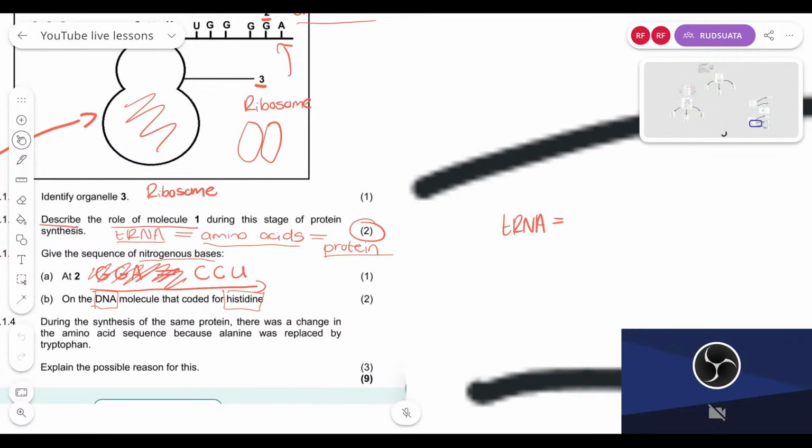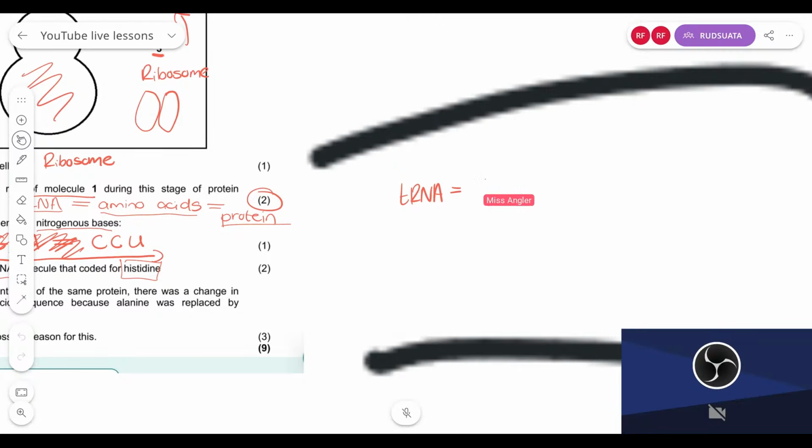I've already lost it. GUA. Okay. GUA. Then the mRNA is CAU. The final answer, which is what we're trying to get to, the DNA, so I'm working backwards, is GTA.